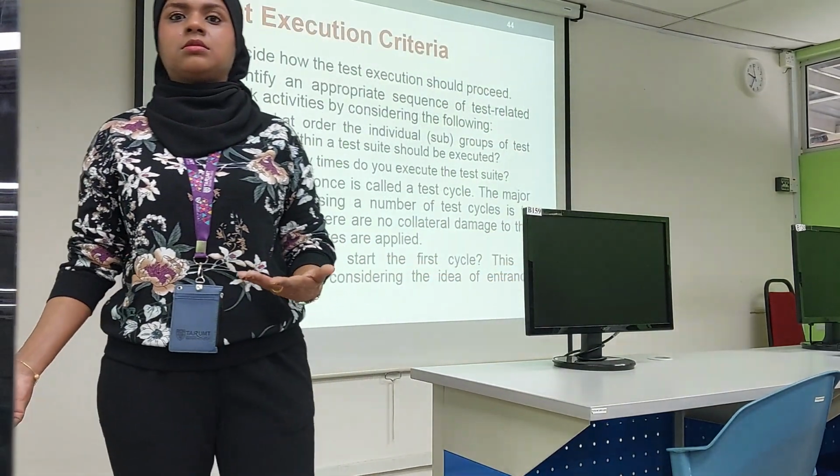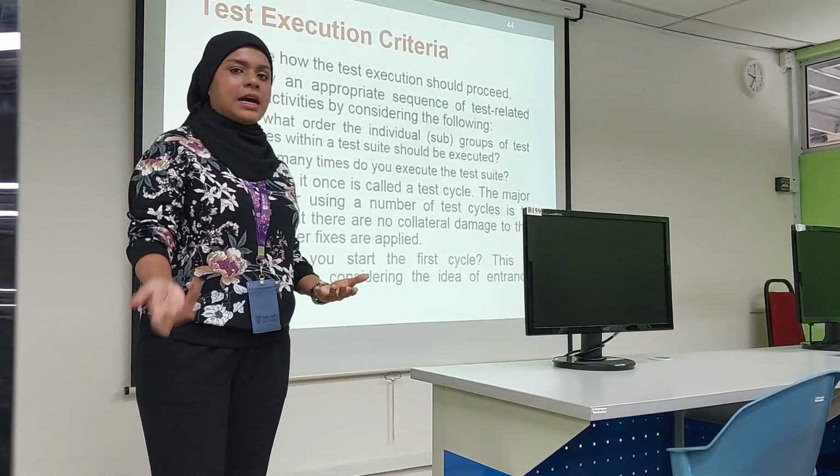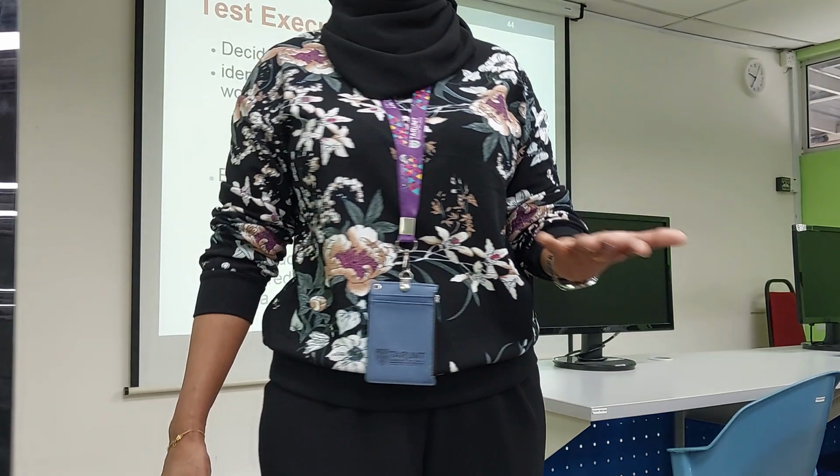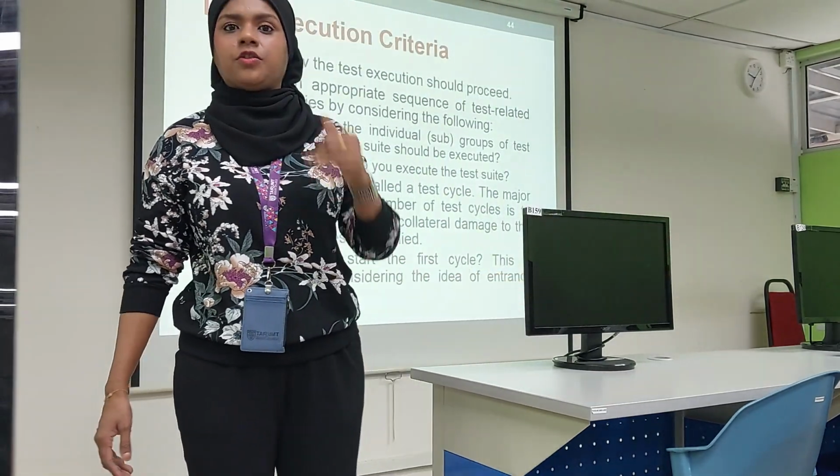Because high critical has the higher possibility of defects. If we say high risk or high critical, it means there is a high possibility of defects there.